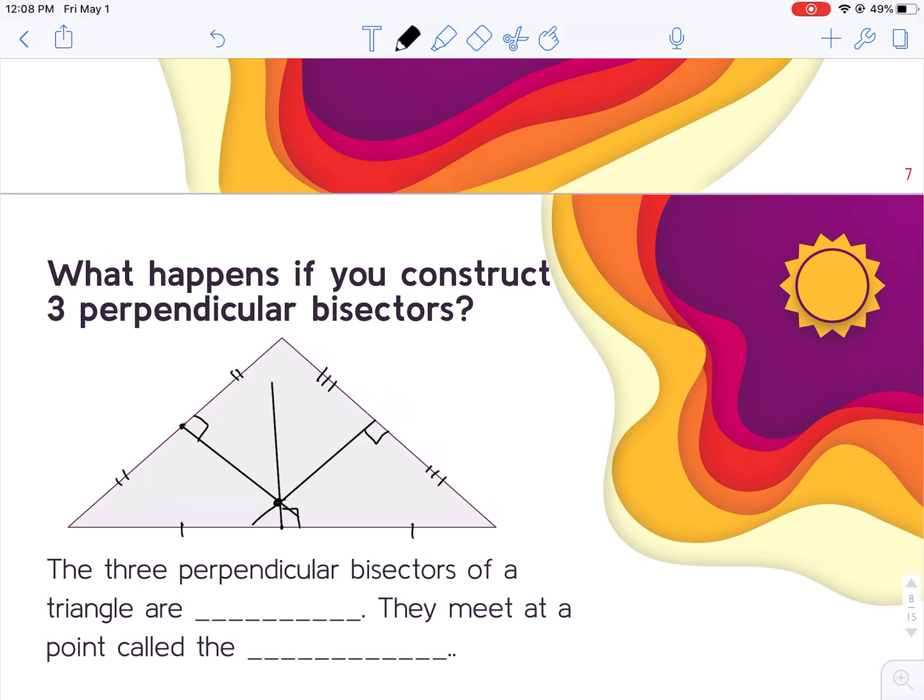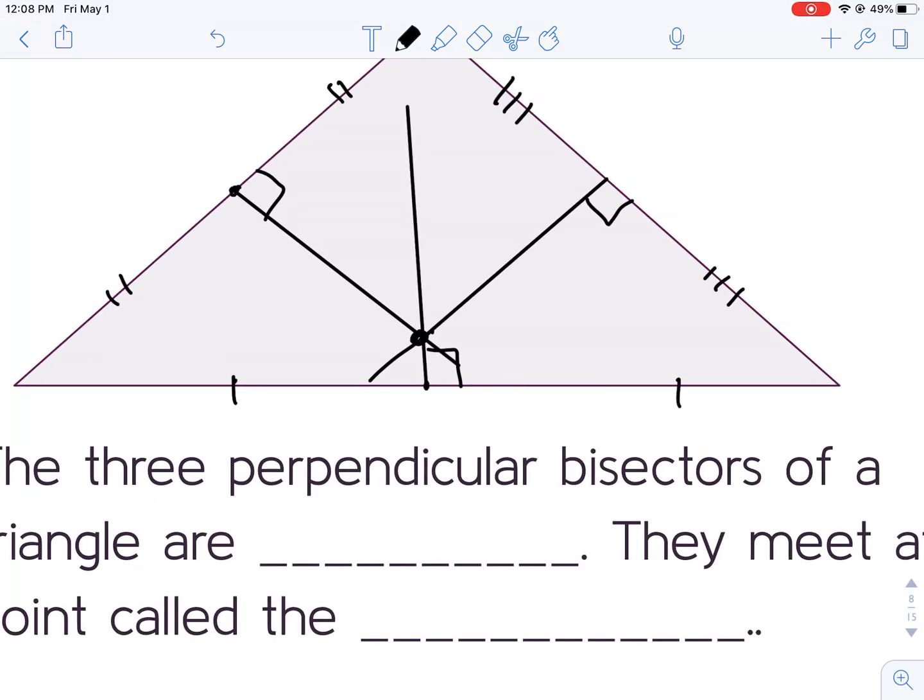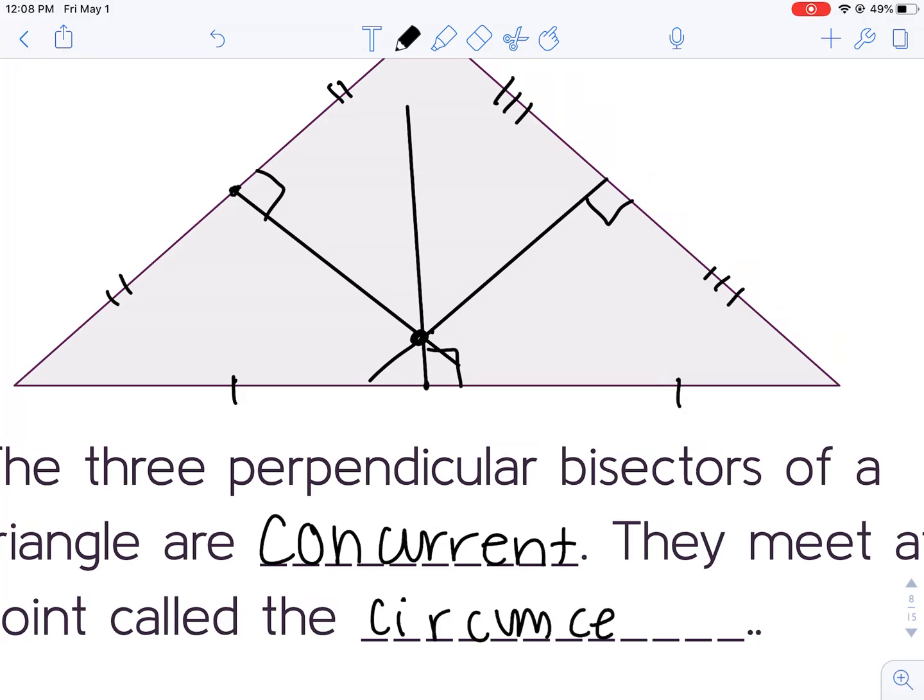They also meet at one point. So the three perpendicular bisectors are also concurrent, and they're called the circumcenter.